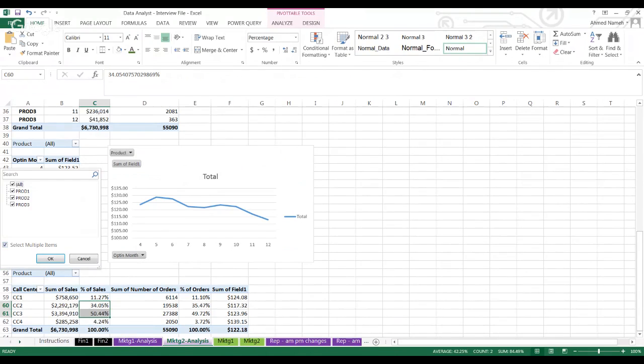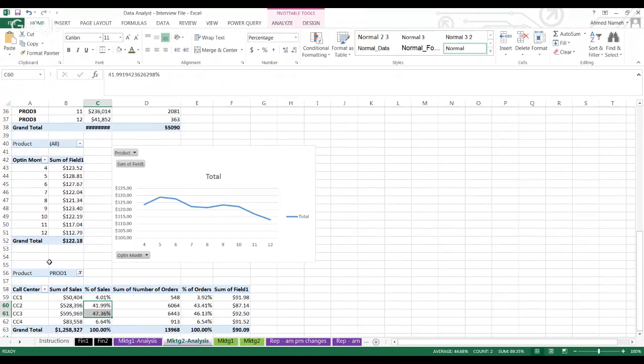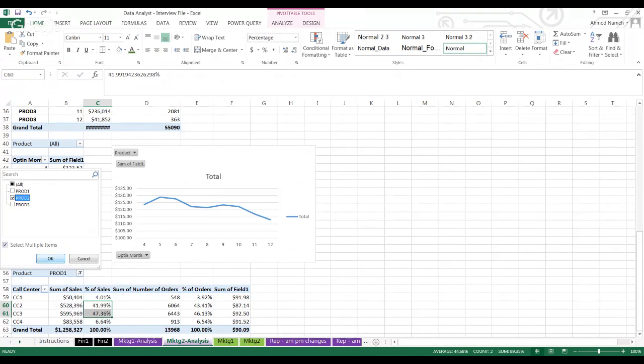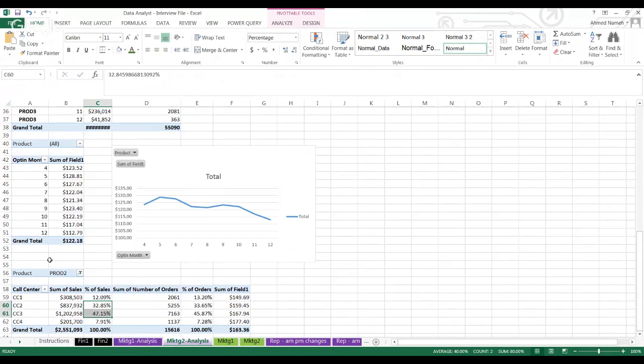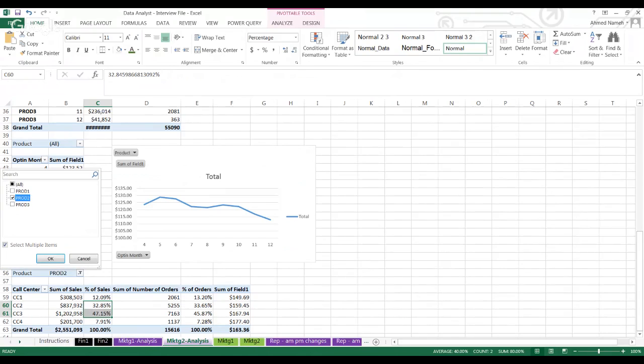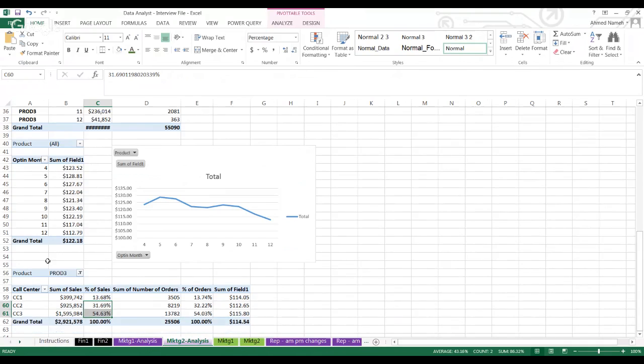If you look at each product individually, you'll notice a similar pattern. Product 1, 89% of the sales. Product 2, 80% of the sales. And last but not least, product 3, 86% of the sales. So call centers 2 and 3 seem to be doing most of the heavy lifting.